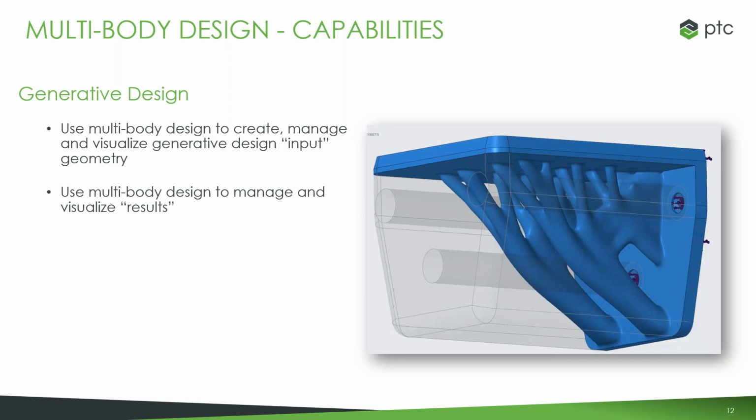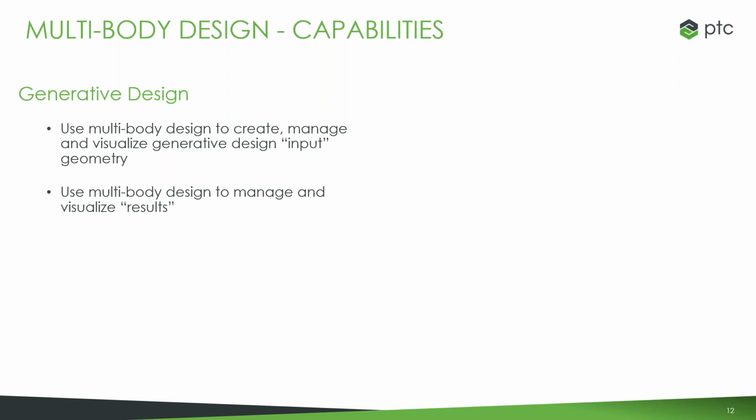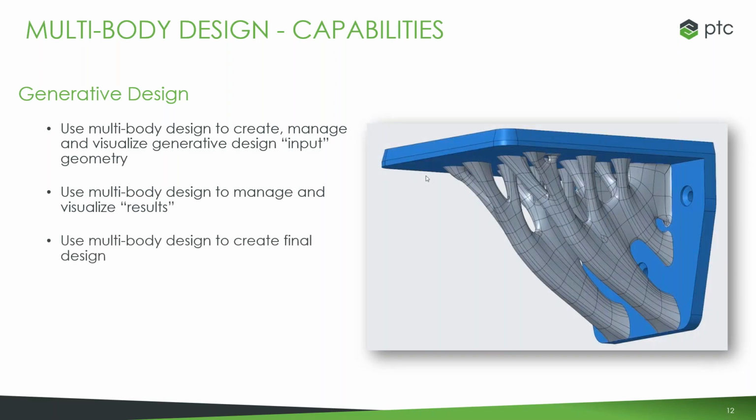And you're able to use multi-bodies to manage and visualize the results as well. So when this gives you the results, it's a separate body. You can bring it into B-rep representation, so convert it into freestyle, and you can add it to your part. So it's really effective for doing that. So you can see here, this is the reconstructed geometry.